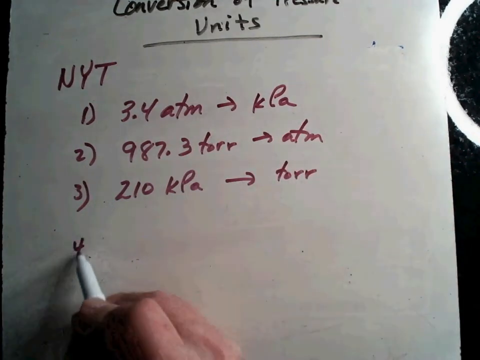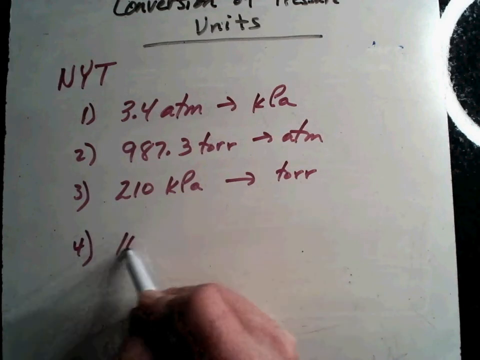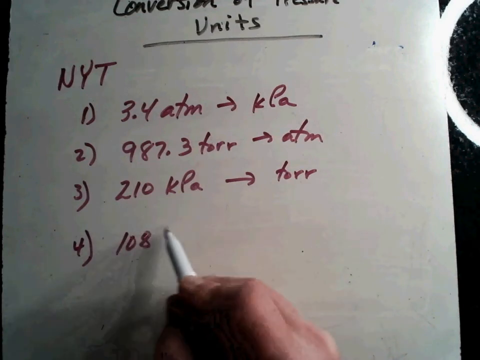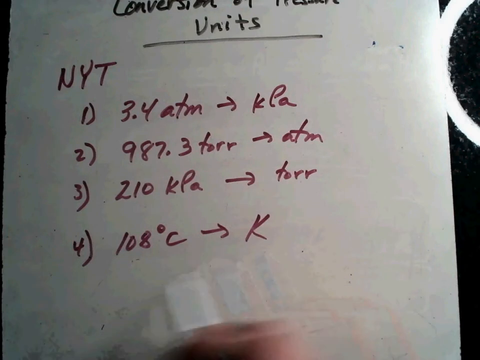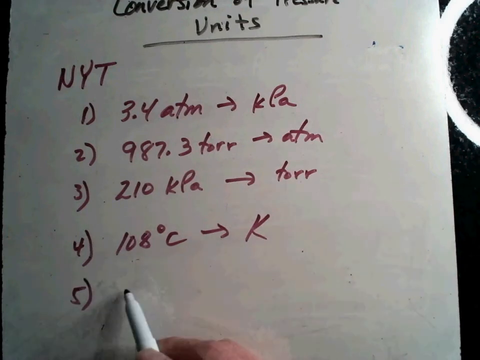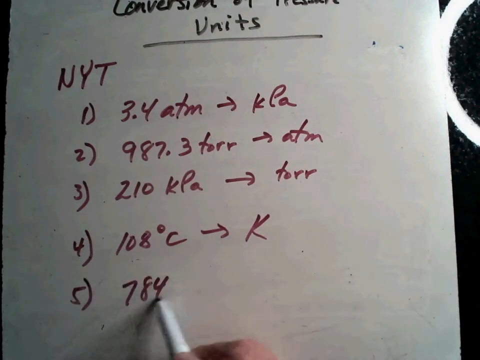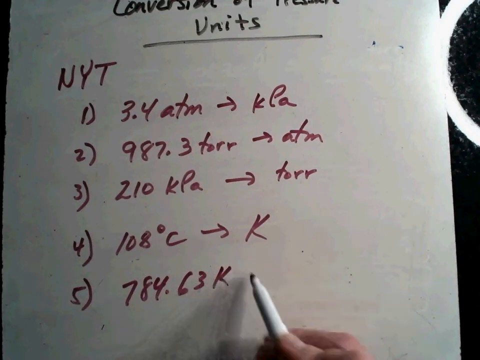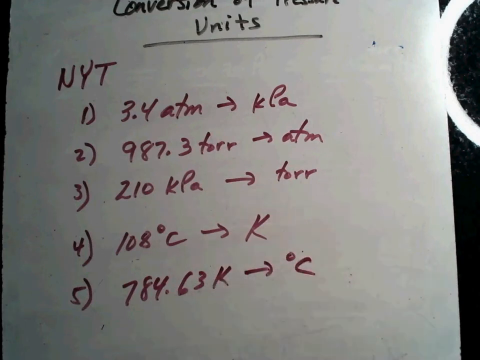Question 4, I've got 108 degrees Celsius, and I need that in Kelvin. And number 5, I've got 784.63 Kelvin, and I need that in degrees Celsius. Five examples. Pause the video, do all five, and we'll come back and check them.